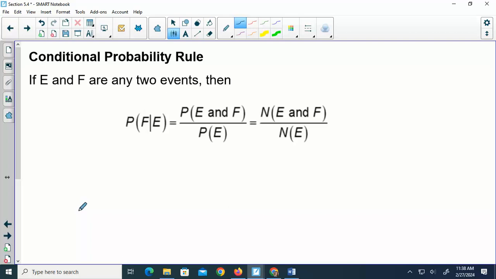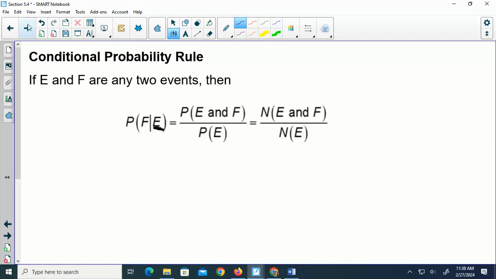The probability of F given E is the probability of E and F, the probability of both things occurring, divided by the probability of E, which is the condition that we already knew. And it also works when you're dealing with complements. The probability of not E and F divided by the probability of not E would work. So this is our formula for how to find a conditional probability.